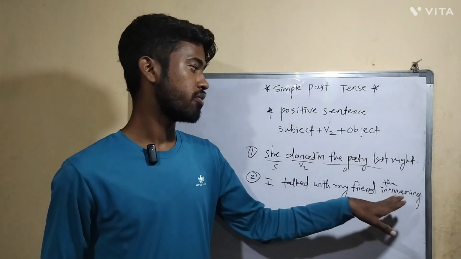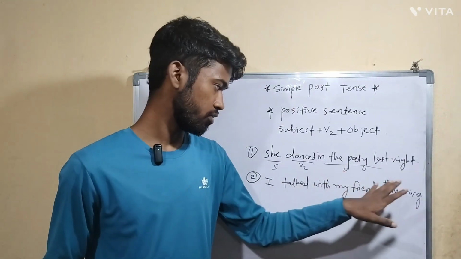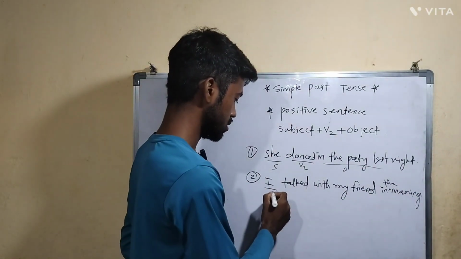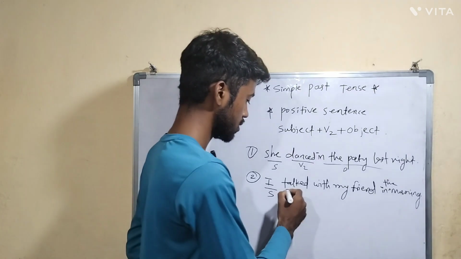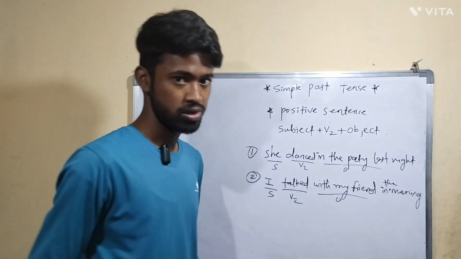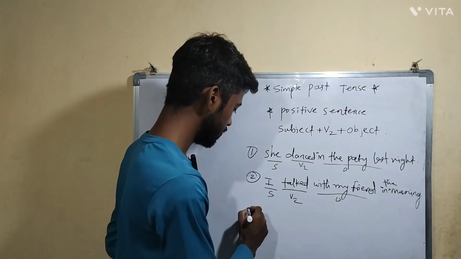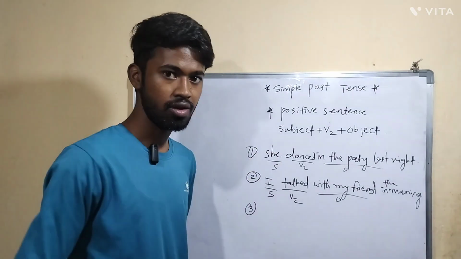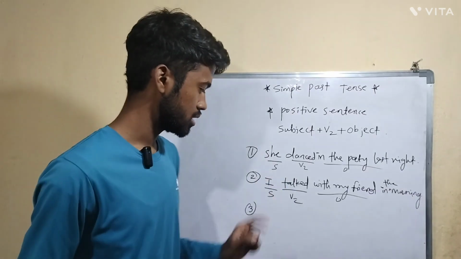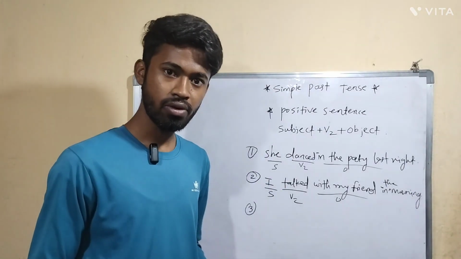I talked with my friend in the morning. So what is the subject here? This is the subject, this is the second form of verb, and the leftover part is the object. Okay, now let's take one plural subject. These two are singular, right? And we are using the second form in both cases, even for singular and for plural.